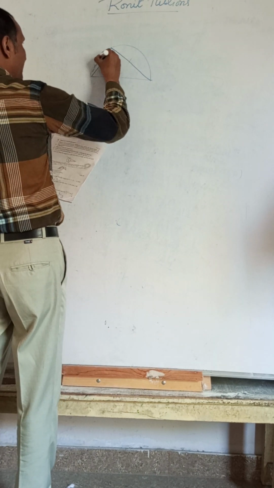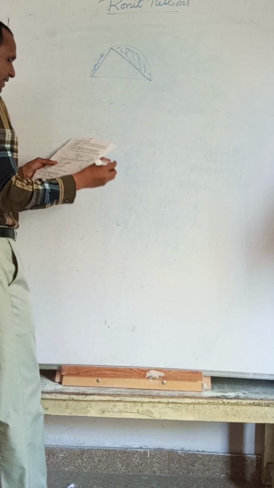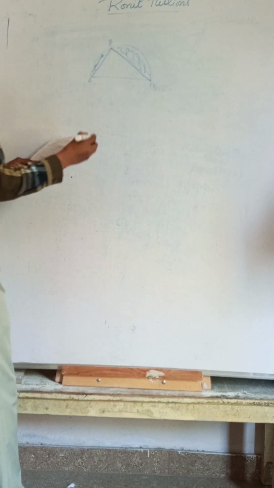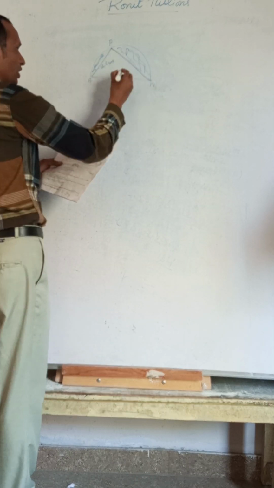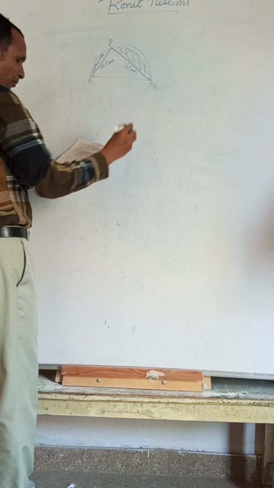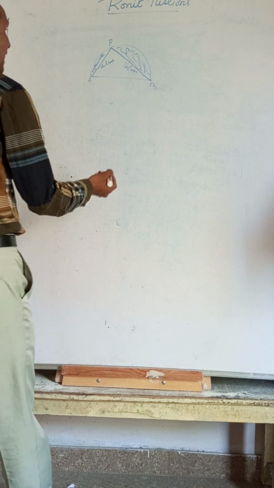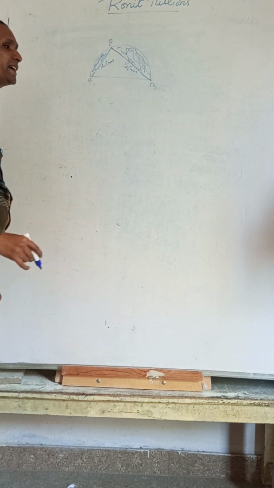This side is shaded, and this also is a shaded region. It is A, it is B, it is P. AB is equal to 12 centimeter and PB is equal to 16 centimeter. Find the area of the unshaded region.